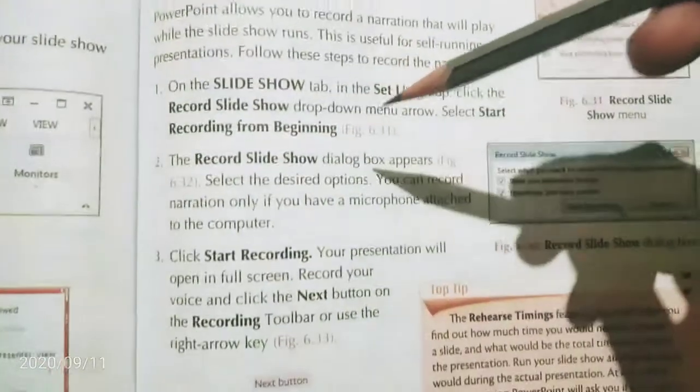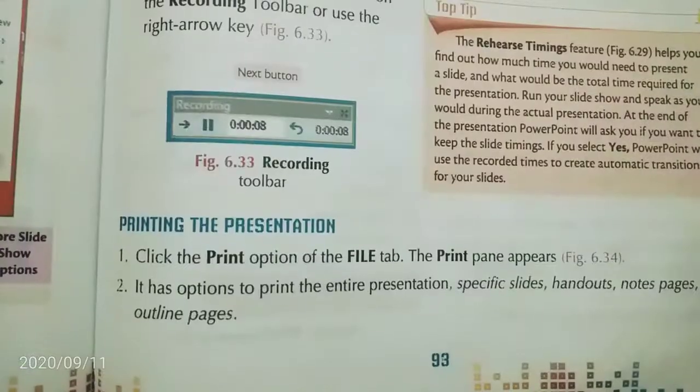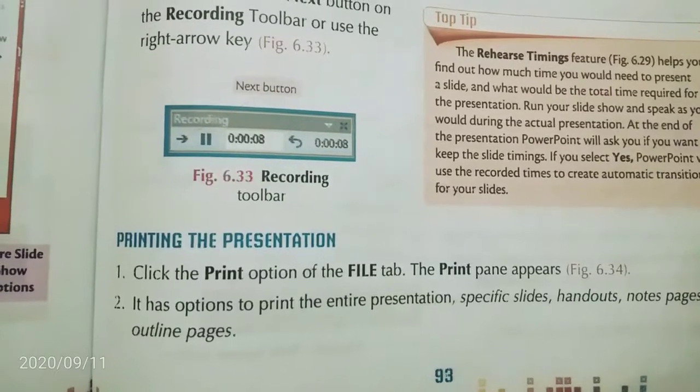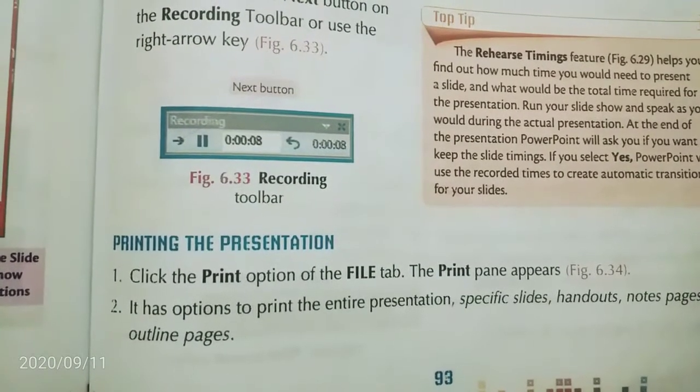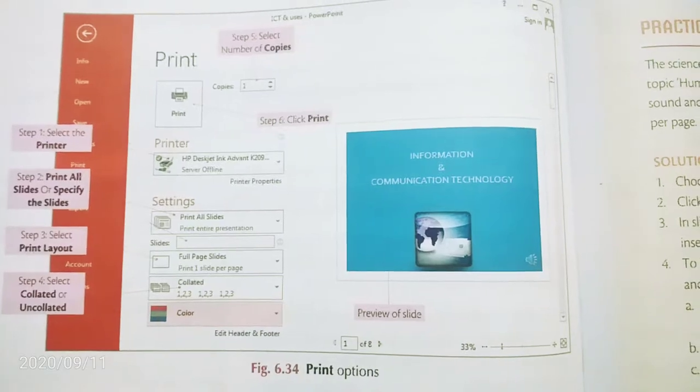So these are the steps for how to record the narration and add it to your slide. The next topic is printing the presentation. How can you print the presentation? Click the print option of the file tab, then the print pane appears. Here you can see the print dialog box.